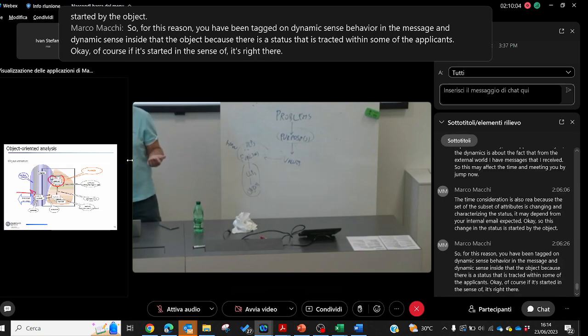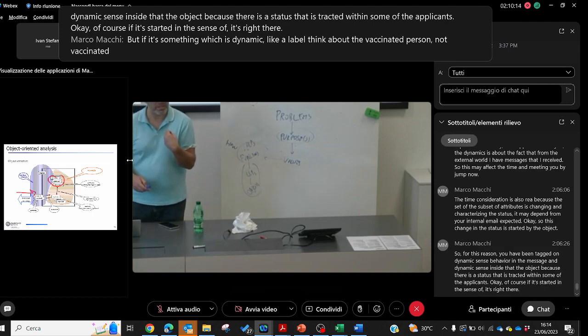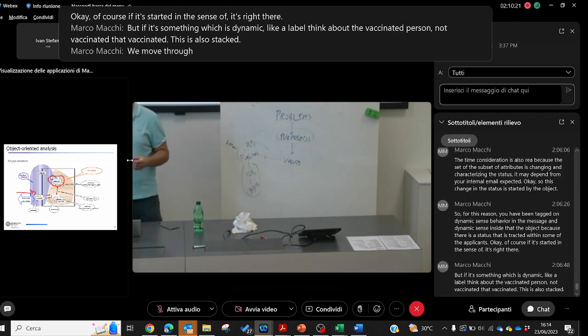But if it's something dynamic, like a label, think about a vaccinated person. Not vaccinated, but vaccinated. This is also status. You move through the system, you are changing status. Okay? Is that clear? So, this was just an introduction to objects.